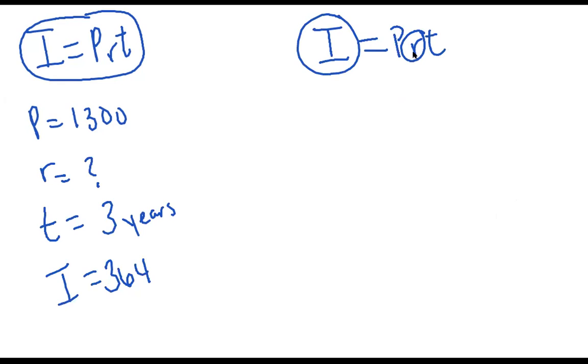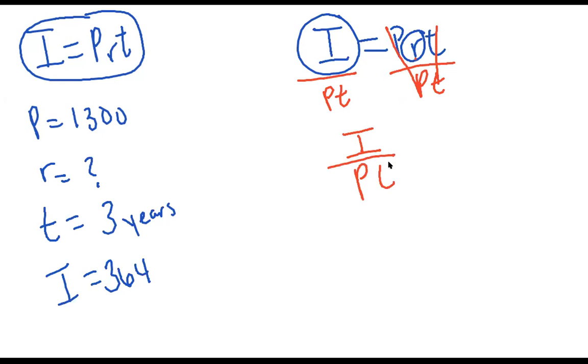So I want to isolate the R, not the I. So to get rid of the things that are around the R, I just need to divide by them. That is going to get rid of the P and the T. So now my formula is R is equal to I divided by P times T, which is 364 divided by 1300 times 3.